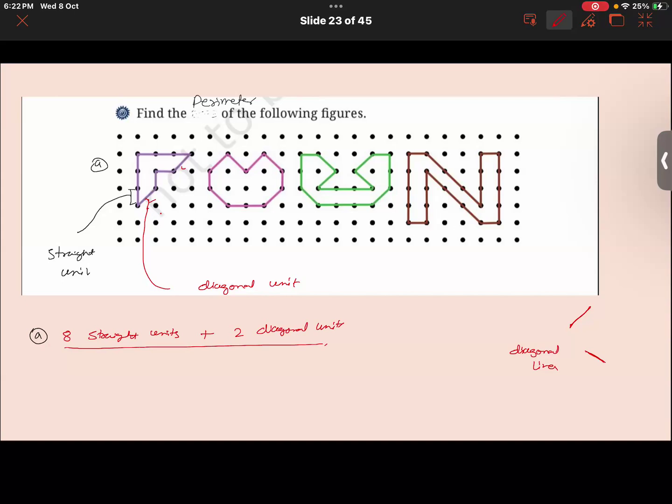So in a similar manner, find the perimeter of the second figure also. The second one was 9 square and one.